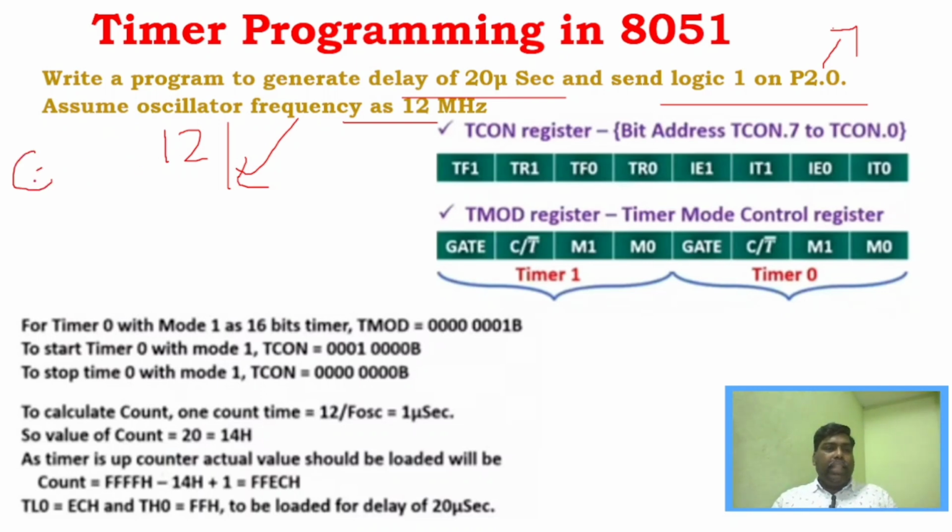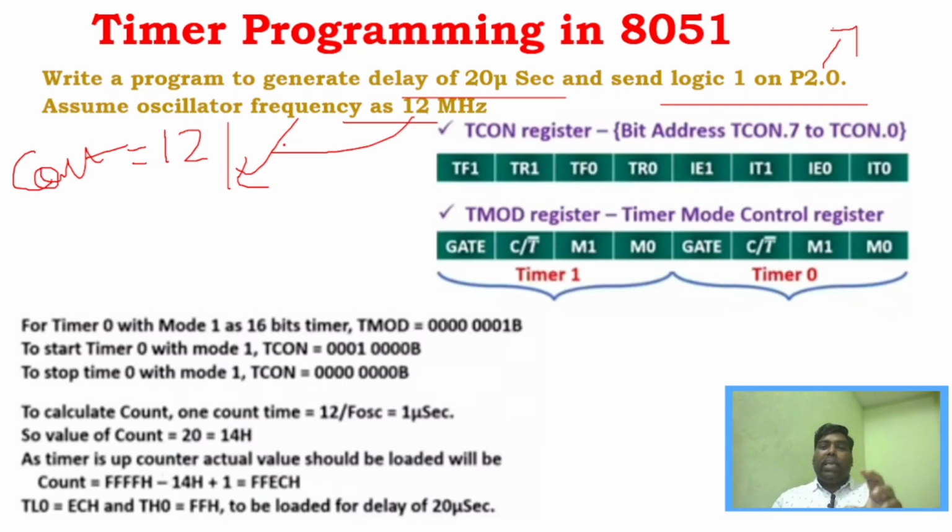Here, to determine the count, we have to divide this 12 by the oscillator frequency. That is the very first thing.